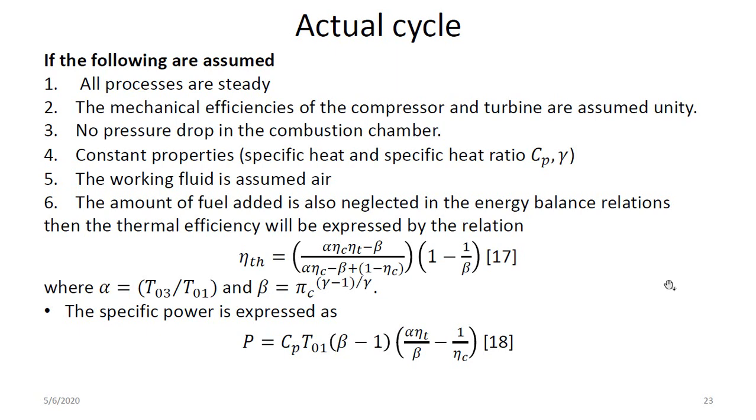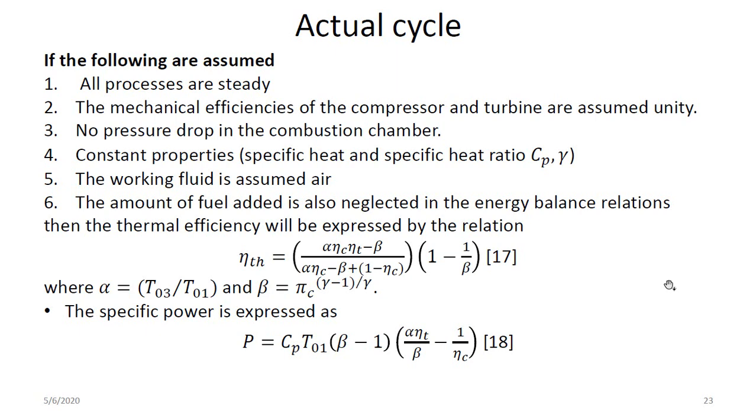For an actual cycle, if we assume that all processes are steady, that the mechanical efficiencies of the compressor and turbine are equal to 1, and that there is no pressure drop in the combustion chamber, then the thermal efficiency can be given by this relation, where alpha is T03 divided by T01.